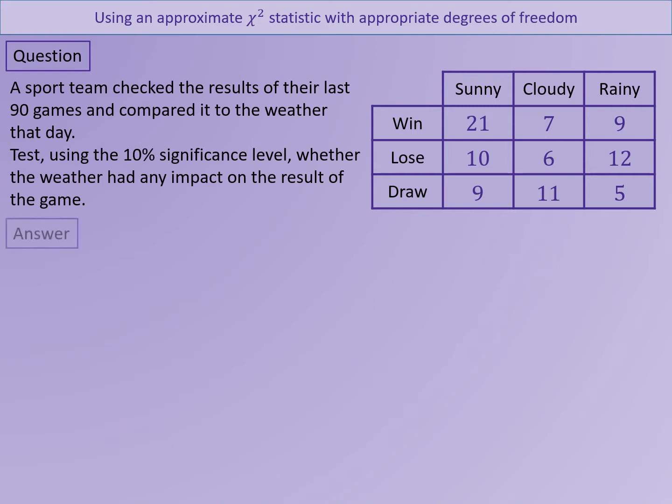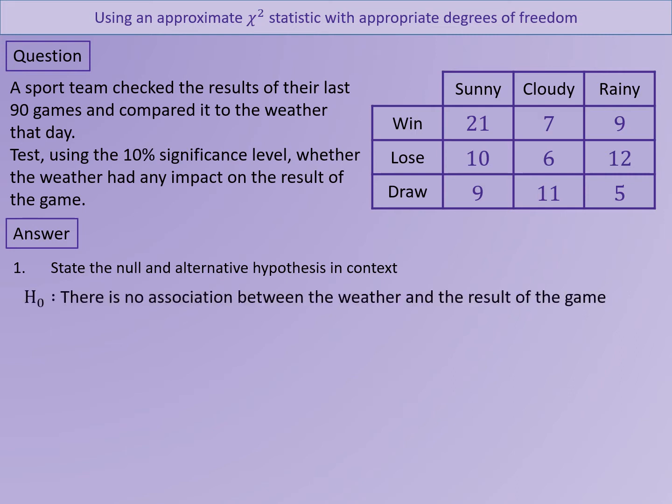Okay. So the first thing you want to do is make sure that every single time you're running a hypothesis test, you state the null and the alternative hypothesis. And it's always the same in chi-squared approximation tests: you assume that your null hypothesis is there is no association between the two criteria.